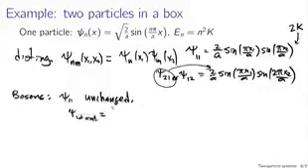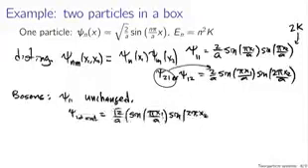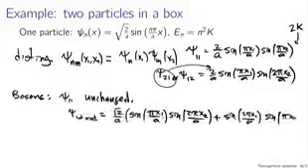What it ends up looking like is root 2 over a times sine of pi x1 over a sine 2 pi x2 over a plus sine 2 pi x1 over a sine pi x2 over a. So I've moved the 2 from the term with x2 to the term with x1.